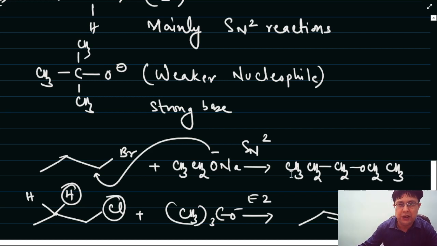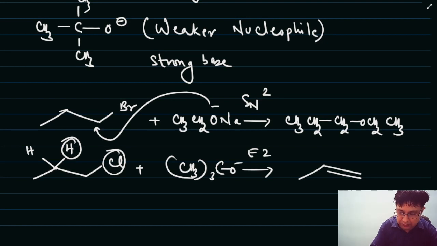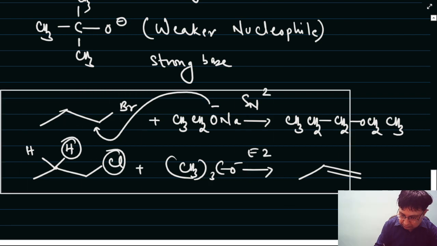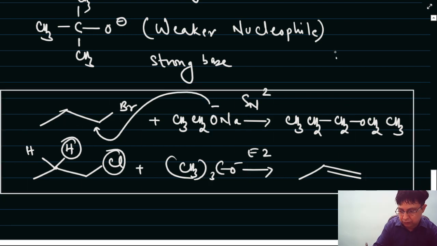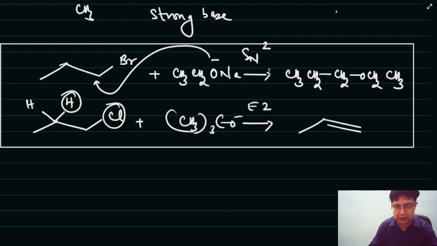So 1 degree halide is prominently forming the product by which mechanism over here? They are forming the product by the SN2 mechanism except in the presence of a strong sterically hindered ion, which is a weaker nucleophile, but a good base. In the first reaction which we have written, where we have formed the ether over here, the alkene becomes the minor product. This will be the major product.